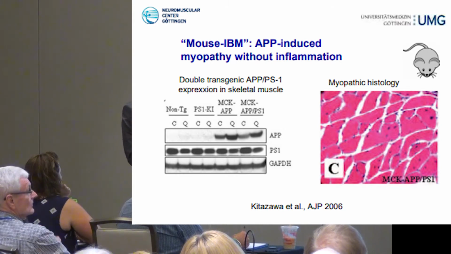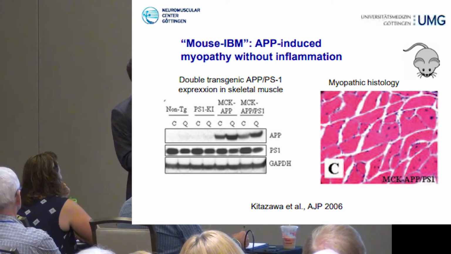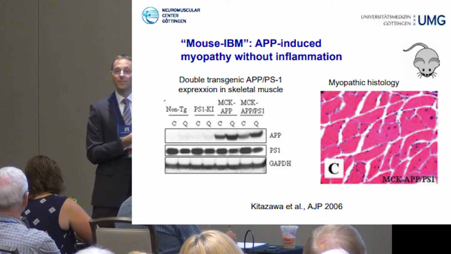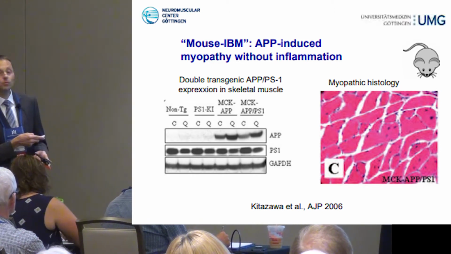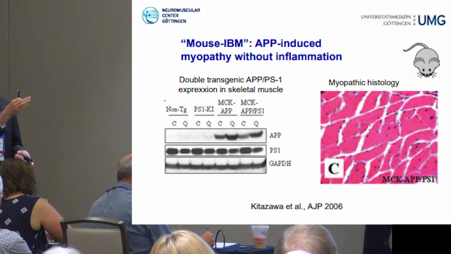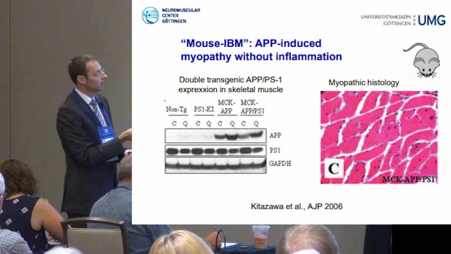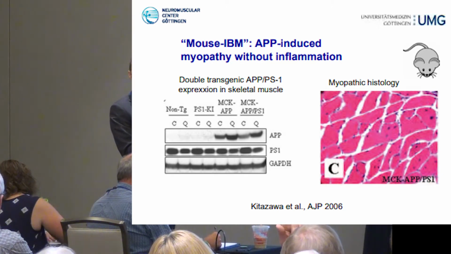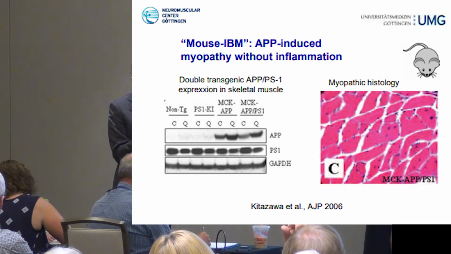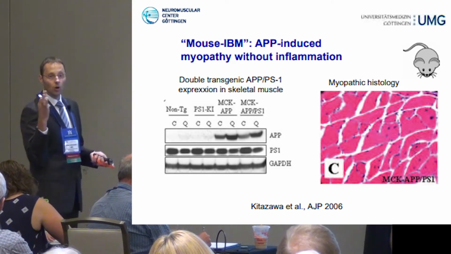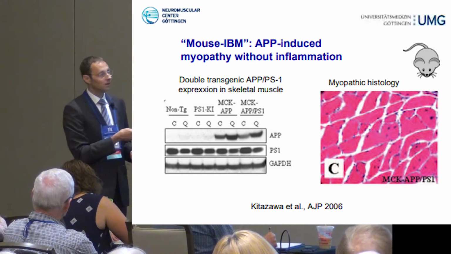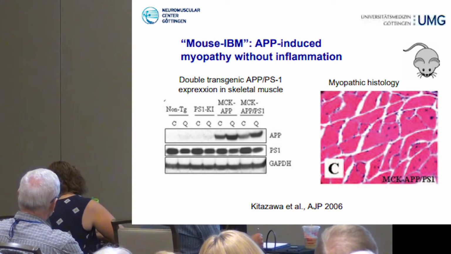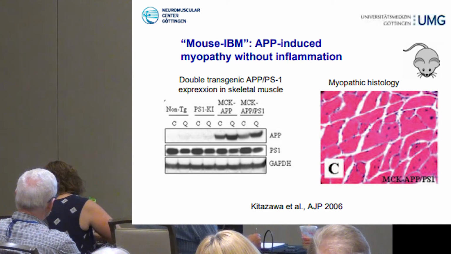So these guys made, if you want to call it like that, a muscle Alzheimer's mouse. So they used human transgenes, exactly the same transcript, for example, for APP, called the Swedish mutation, as you would normally have in mouse models for Alzheimer's. But here, these transcripts were not present in the brain, they were only present in the muscle.